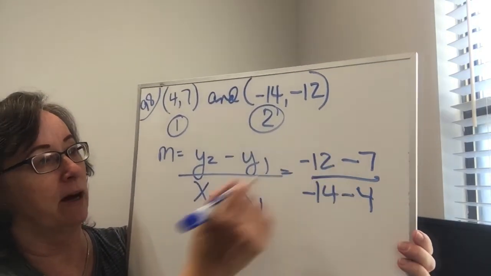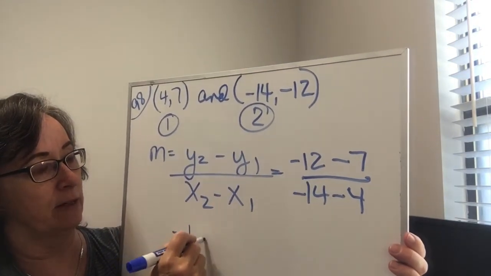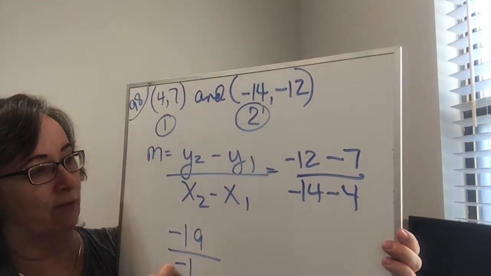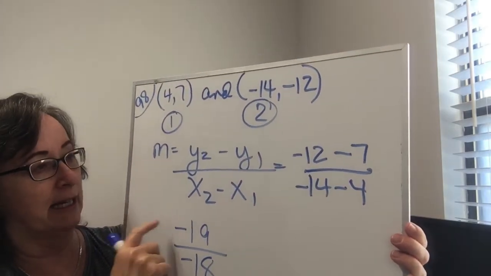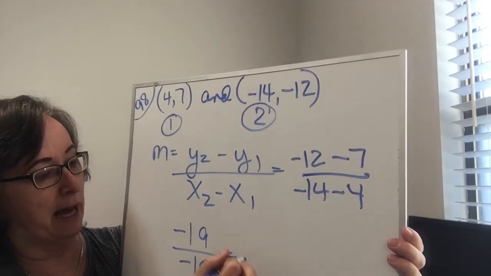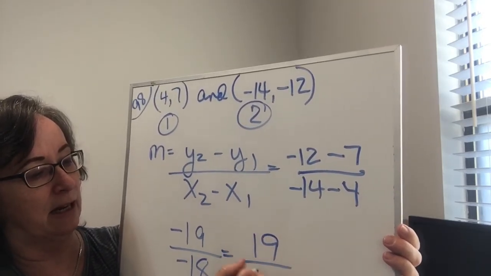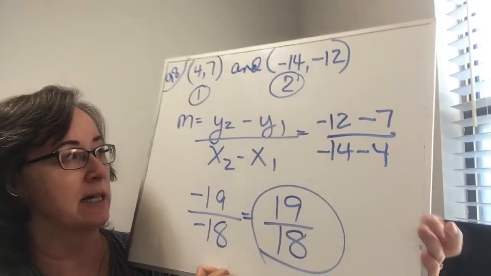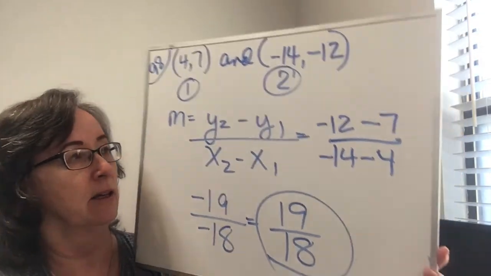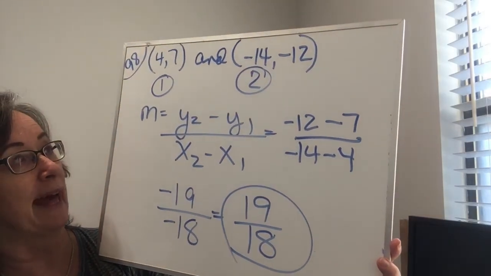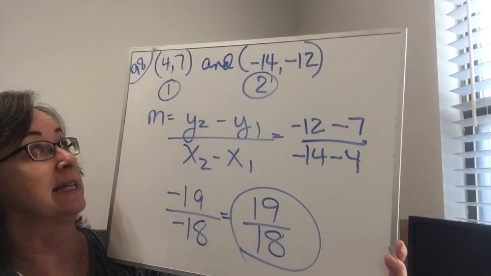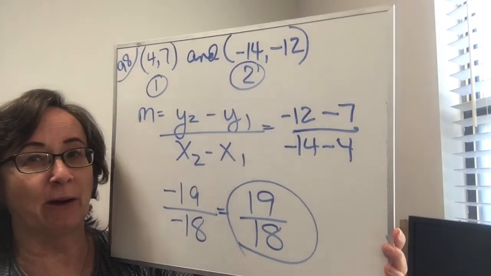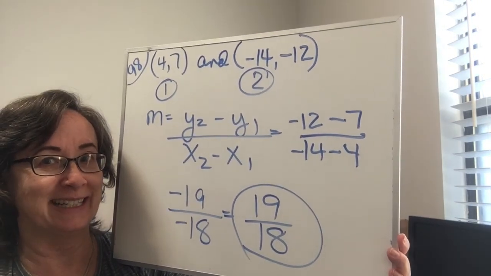So negative 12 minus 7 is negative 19 over negative 14 minus 4 is negative 18. Negative divided by negative is positive, so 19 over 18, which is a little over a slope of 1. So if you were to put that on the board, it should have a positive slope and a little bit greater than 1, 19 over 18.